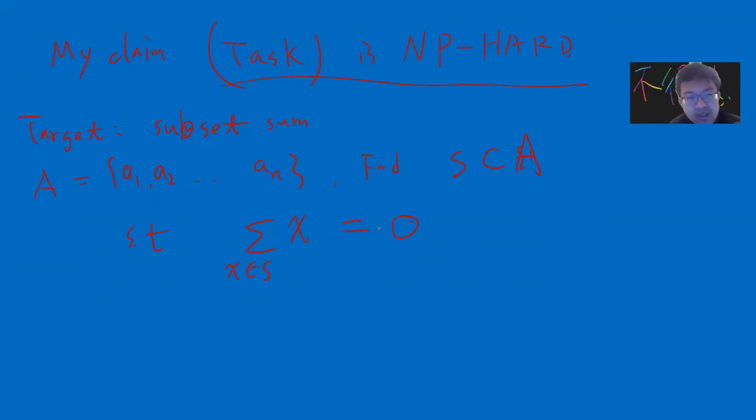This problem is already proved to be NP complete. So I want to show that if I can solve this optimization problem, then I can solve subset sum. Let's go to the proof.